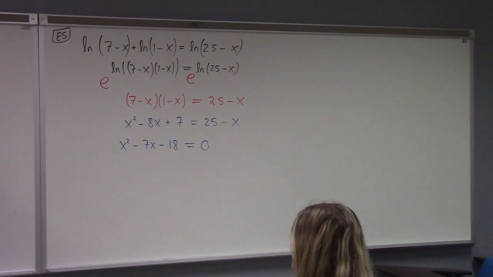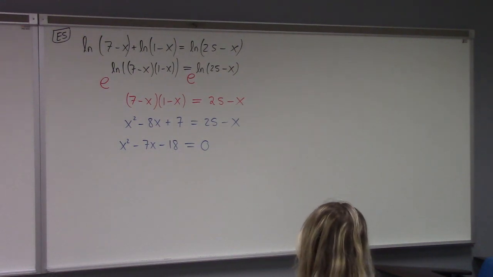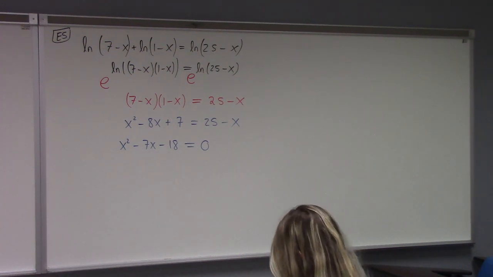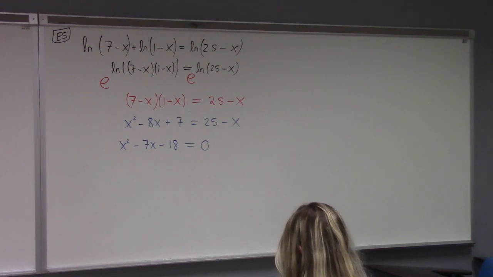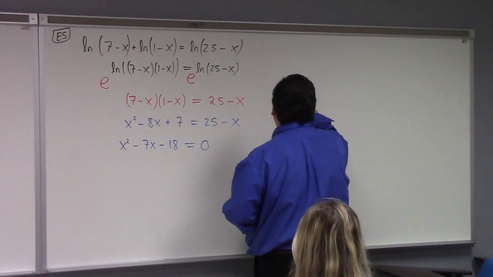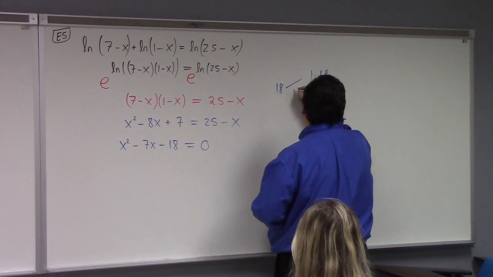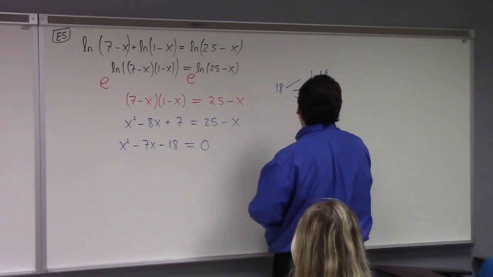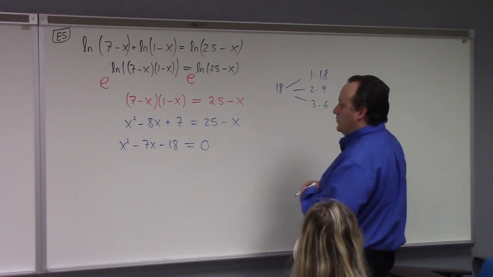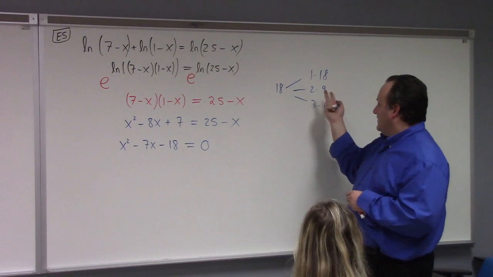So what do you guys think? Can you factor that? Well, 18, it's 1 times 18, it's 2 times 9, it's 3 times 6. Ooh, 2 and 9, the difference of 2 and 9 is 7.